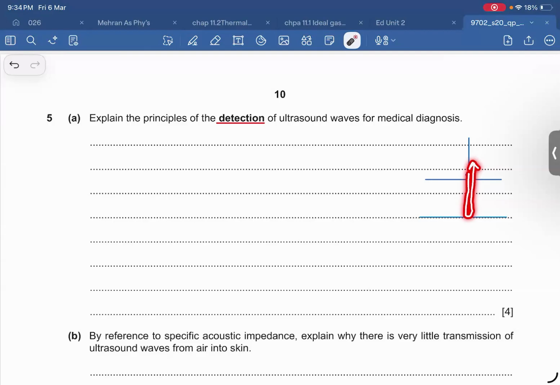On the detector, you have the transducer, the crystal, that receives the ultrasound and converts it into an electric signal. That electric signal is received in the machine, and this is how you detect the ultrasound.